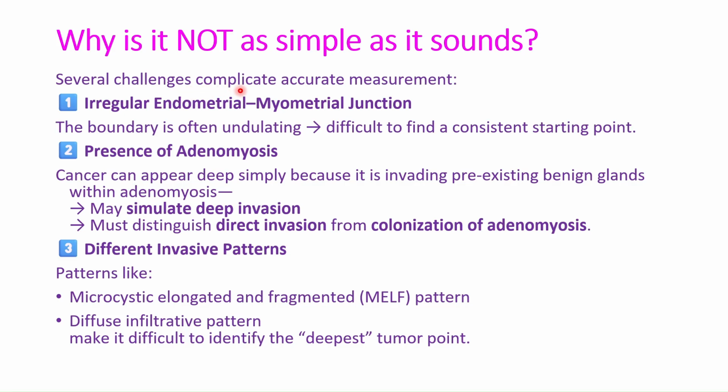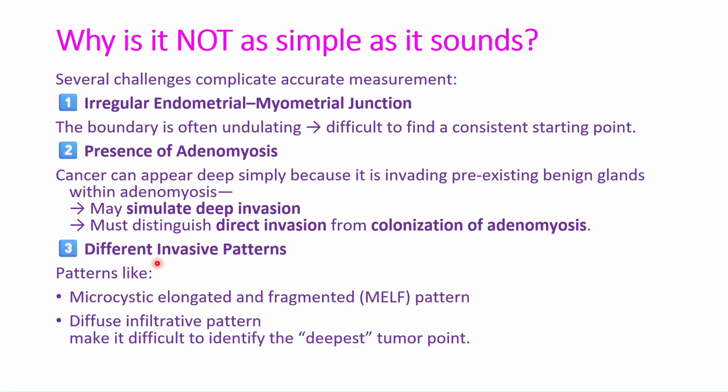Now, why is it not as simple as it sounds? Several challenges complicate this accurate measurement. One is the irregular endometrial-myometrial junction. The boundary is often undulating and it is difficult to find a consistent starting point. Second is the presence of adenomyosis. Cancer can appear deep simply because it is invading pre-existing benign glands and may simulate deep invasion, or we have to distinguish direct invasion from colonization of adenomyosis.